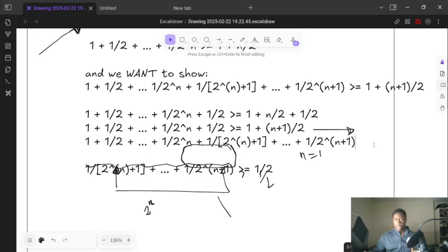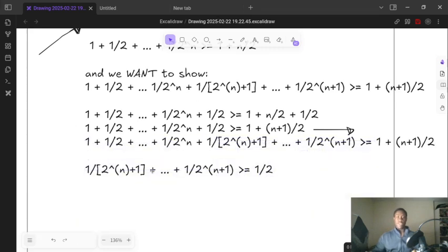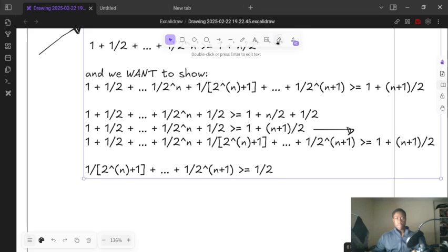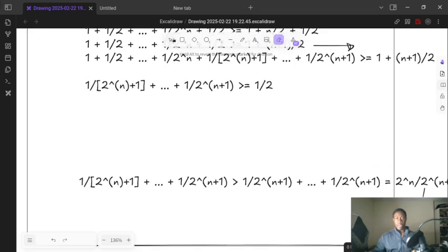And then this part didn't change. And that is exactly what we wanted to show, in the sense that we managed to do the inductive step. And since we managed to do the inductive step, we succeeded in the induction.